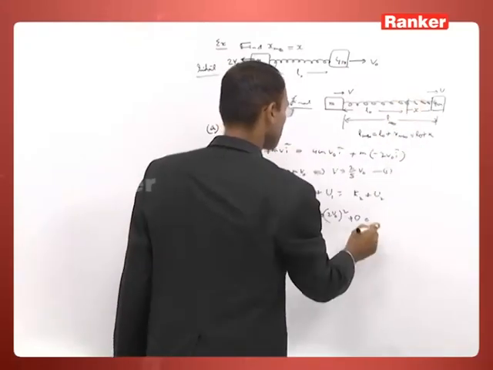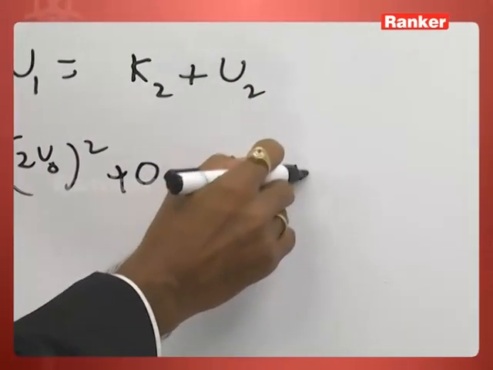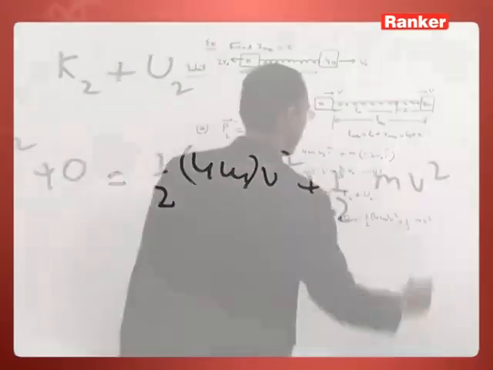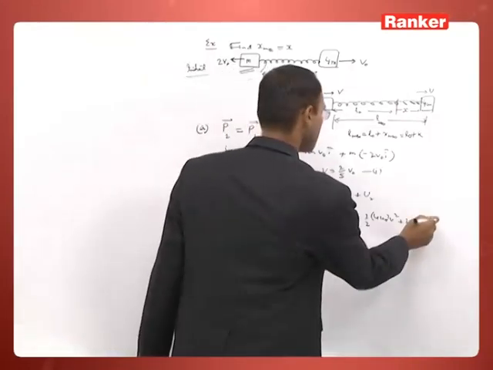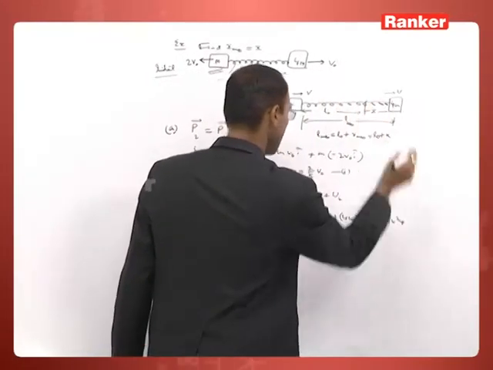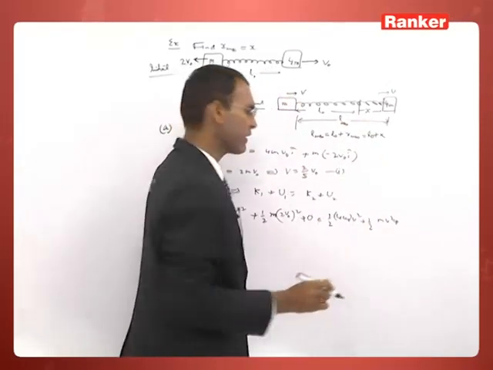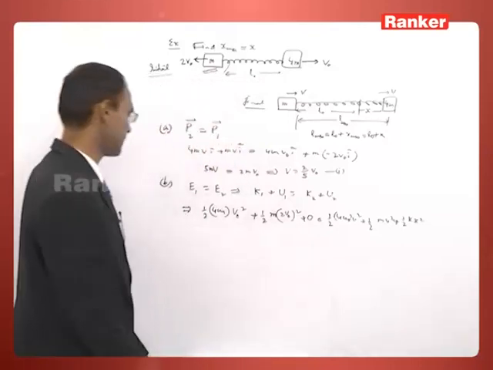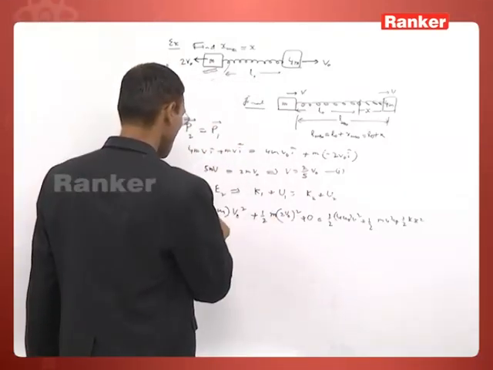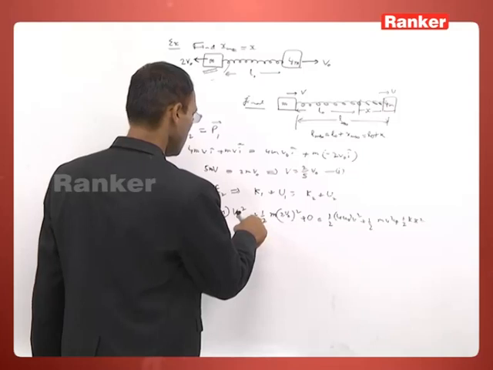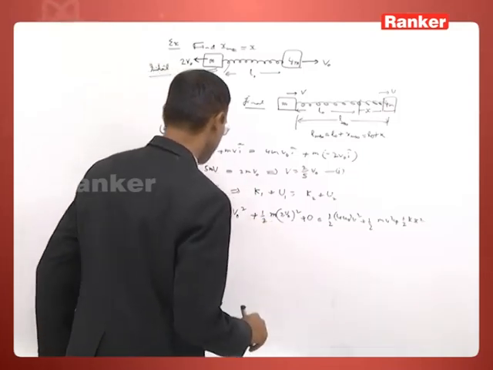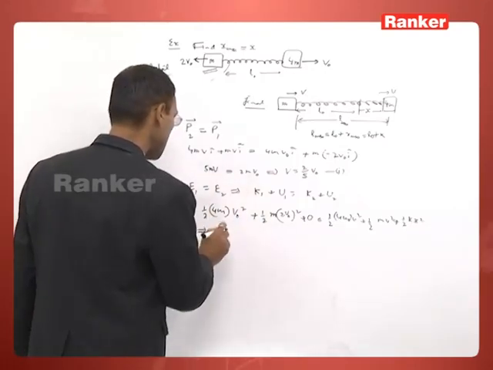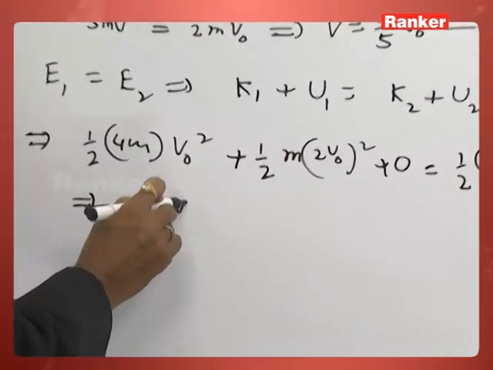Here kinetic energy will be half 4m into v square plus half m into v square, plus additional energy, that is the potential energy of the spring, which comes because the spring is elongated. That's half kx square. Here you are getting 2m v naught square, and here also 2m v naught square, so on the left hand side you are getting 4m v naught square.